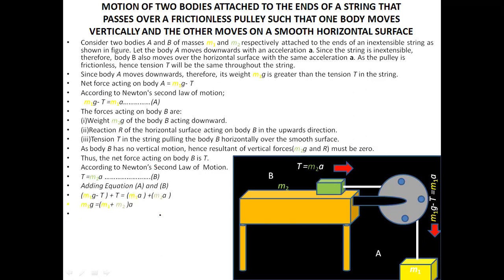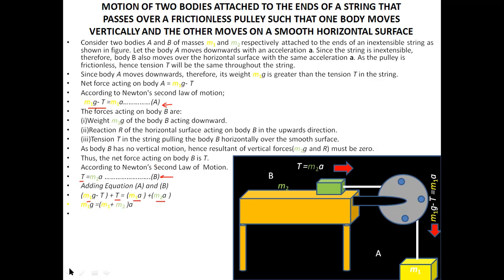Now if we want to calculate the acceleration, what we'll do is add equation A, which is over here, with equation B. What do we get? It will be m1g minus T, which is equation A on the left hand side, plus T, which is the only thing on the left hand side of equation B. Similarly, on the right hand side, it will be m1a1 plus m2a2, which are the right hand sides of equations A and B respectively.